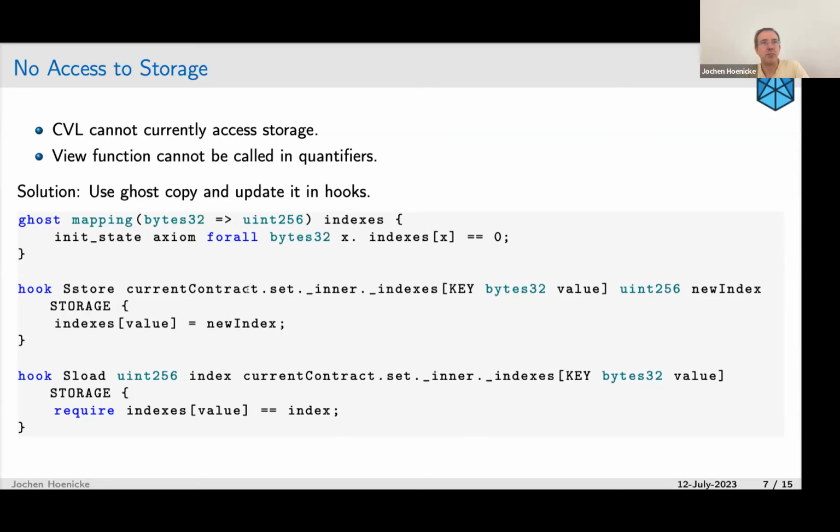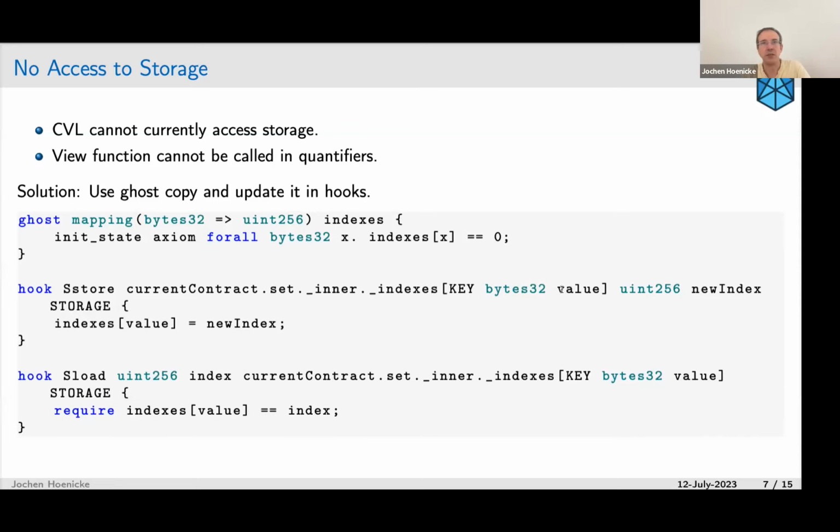And then we need to add these two hooks. One is the store hook. This is called whenever the variable indexes, which lives in the structure inner, which lives in the structure set, which lives in the current contract, is changed. Whenever this map is changed, we want to be notified.